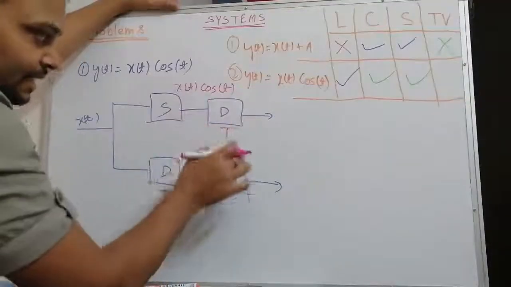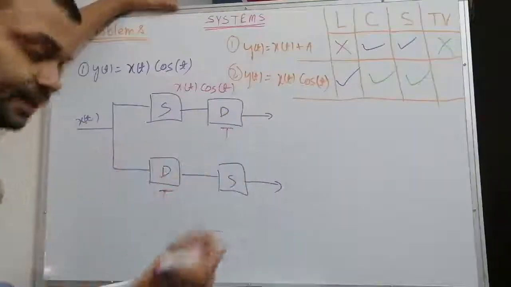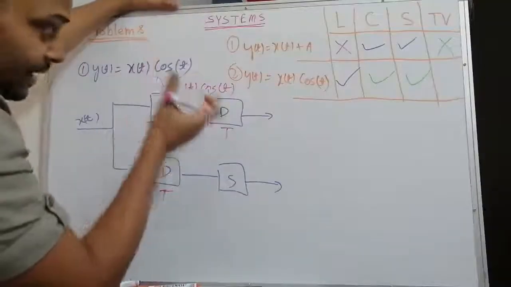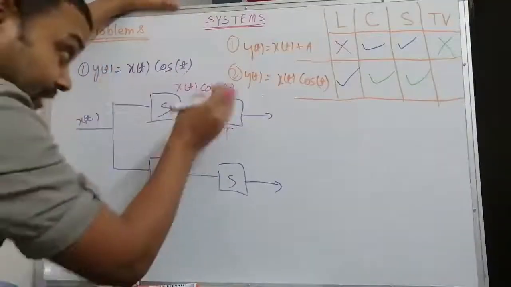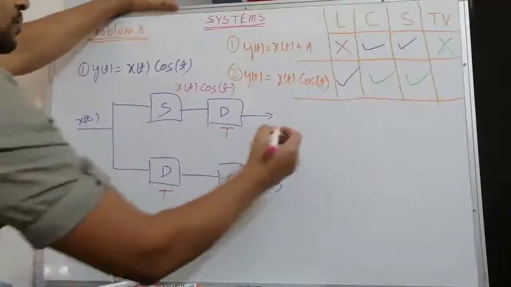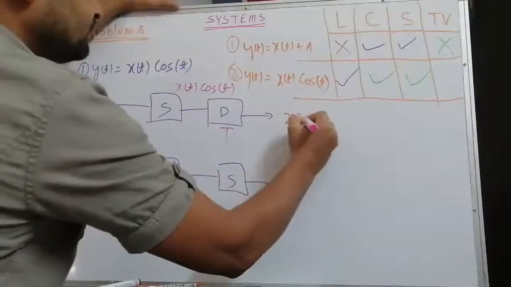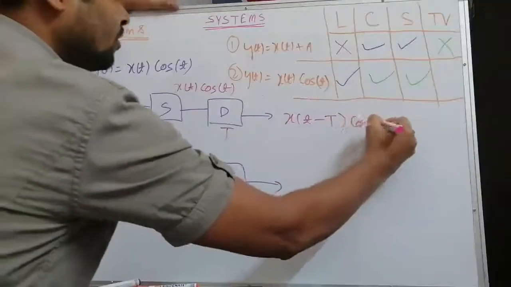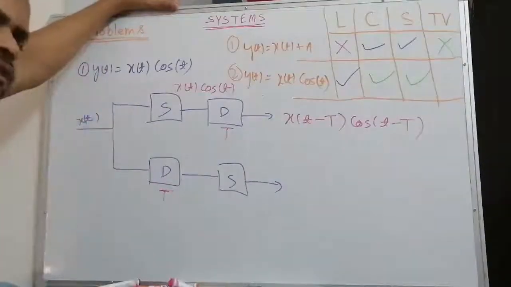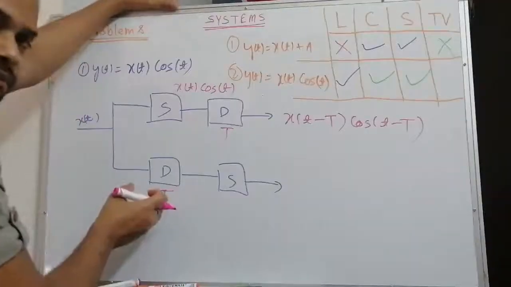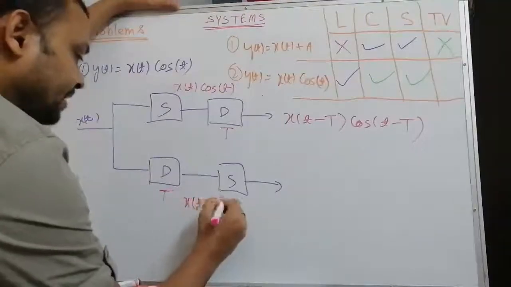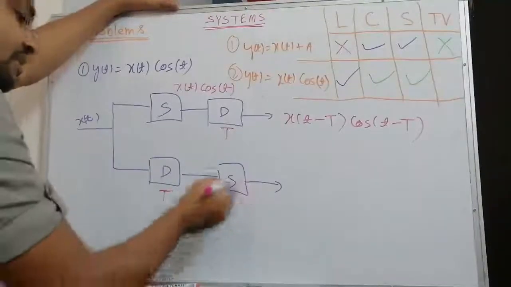This delay provides a delay of capital T: wherever it finds small t, the delay block replaces small t by t minus capital T. So the output of this path is x(t minus T) cos(t minus T). Now take the x(t) signal and provide the delay first: we get x(t minus T).